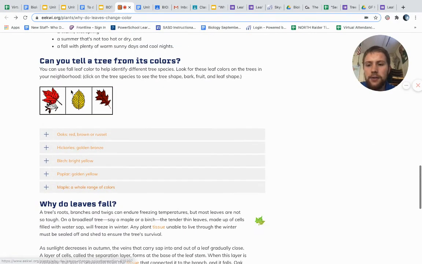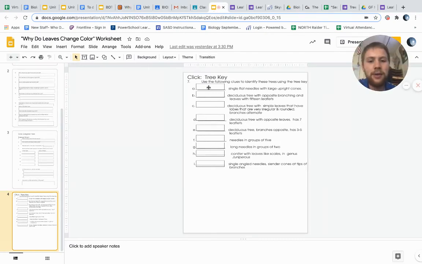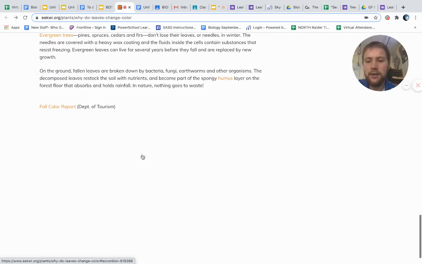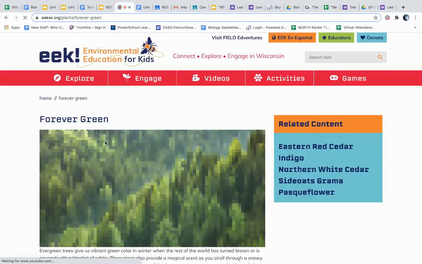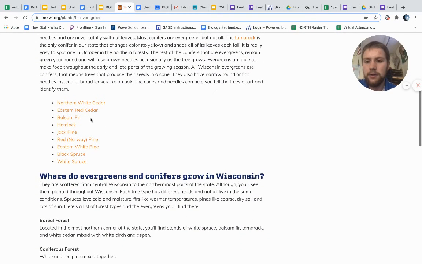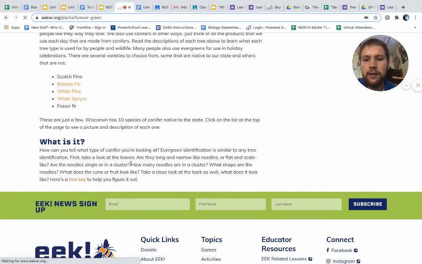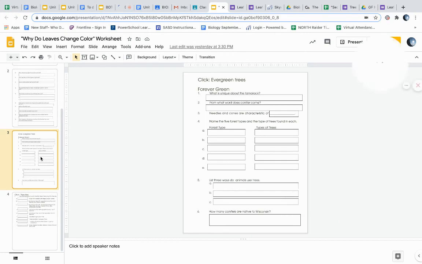Right. It's going to correspond to these trees right down here. So for example, let's see if we can just do one. I know, sorry, this is taking a little bit longer. Single flat needles with large upright cones. Let me just double check if it's underneath the evergreen trees, perhaps. Okay, here's the tree key. There we go. So it's under the section titled Evergreen Trees.